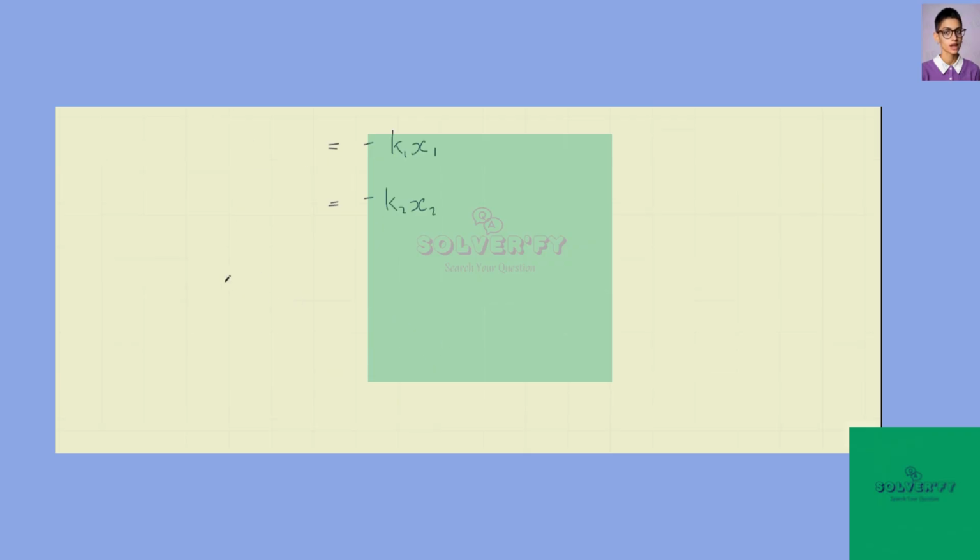And then we can use the fact that x is equal to x1 plus x2 and write this as minus F over K1 minus F over K2, which is simply minus F times 1 over K1 plus 1 over K2.